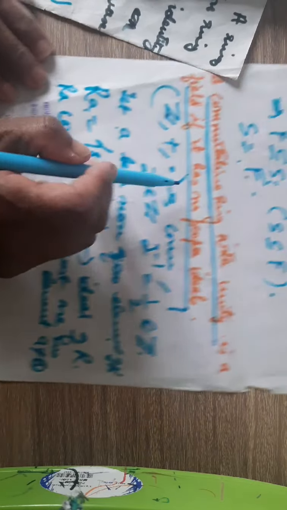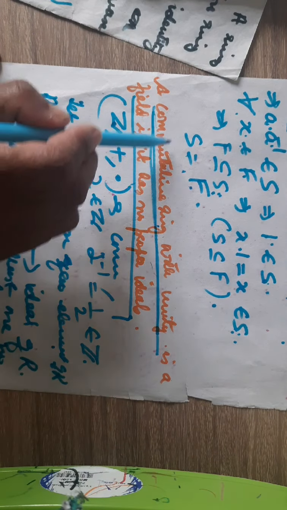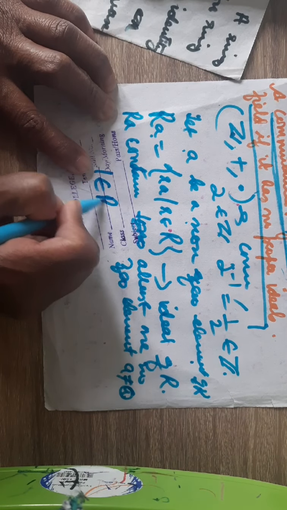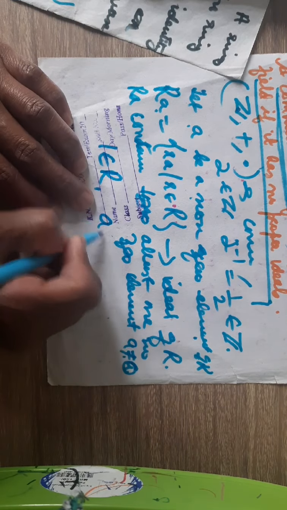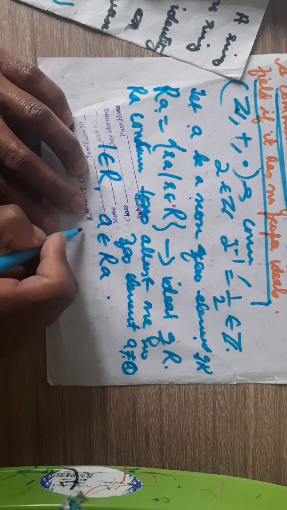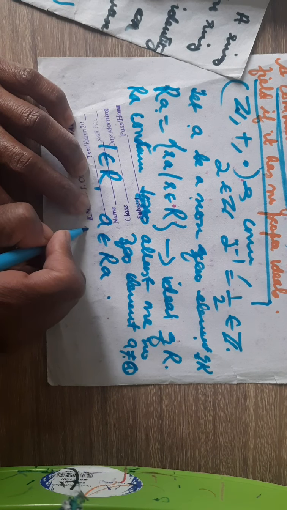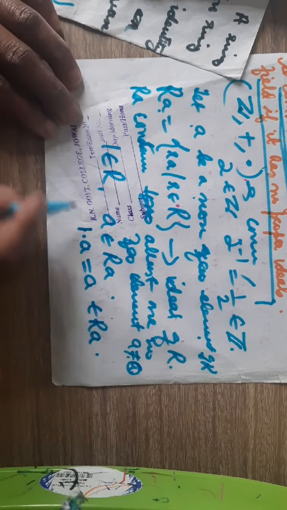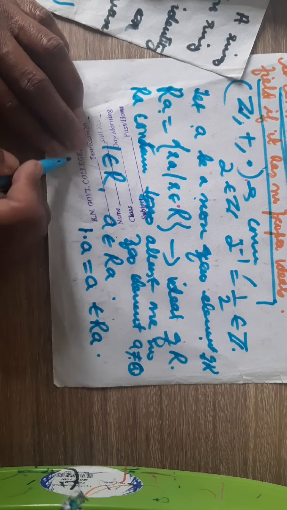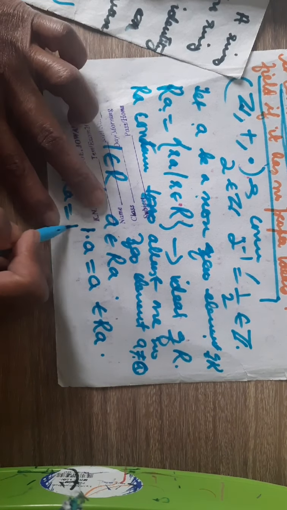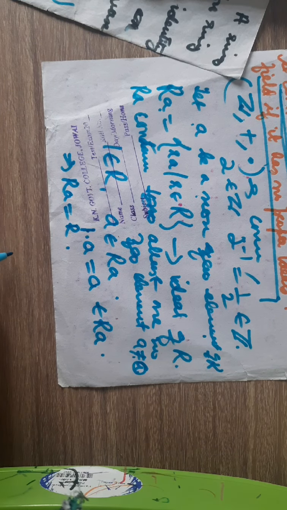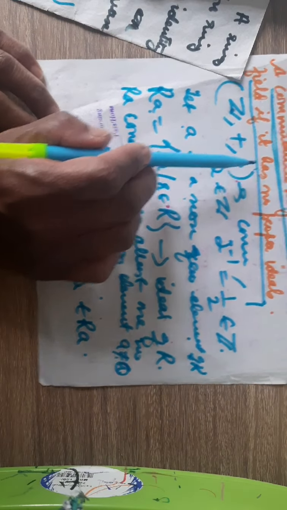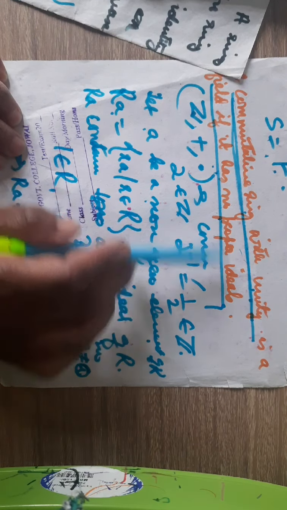Now, since it is given that it is a commutative ring with unity, that means 1 belongs to R. So 1 belongs to R and A also is an element of RA, so 1 into A is equal to A, which belongs to RA. So now it means that RA will be equal to the whole ring itself, because it is given that the ring has no proper ideals.